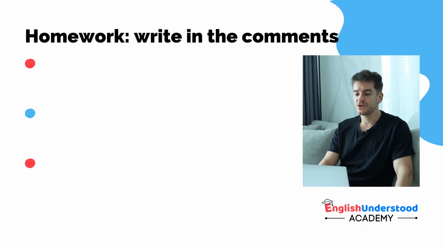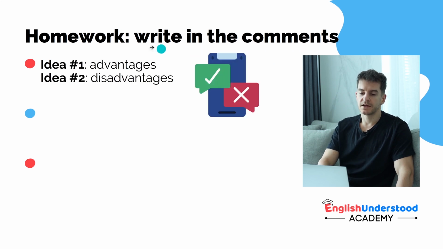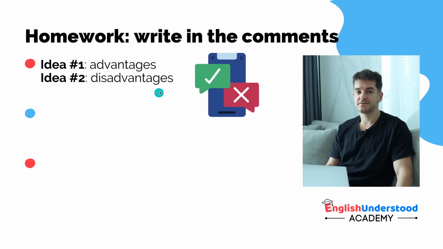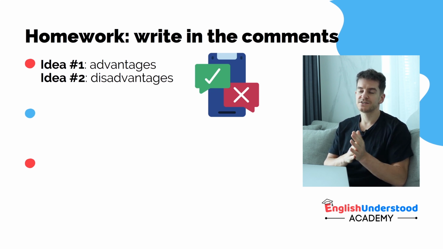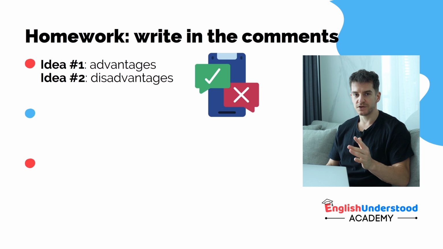Okay, now I'm going to give you some homework, and I'd like you to write your answers in the comments down below. First one, idea 1, advantages. Idea 2, disadvantages. So join these together using despite. You can talk about the advantages of anything. It's up to you.